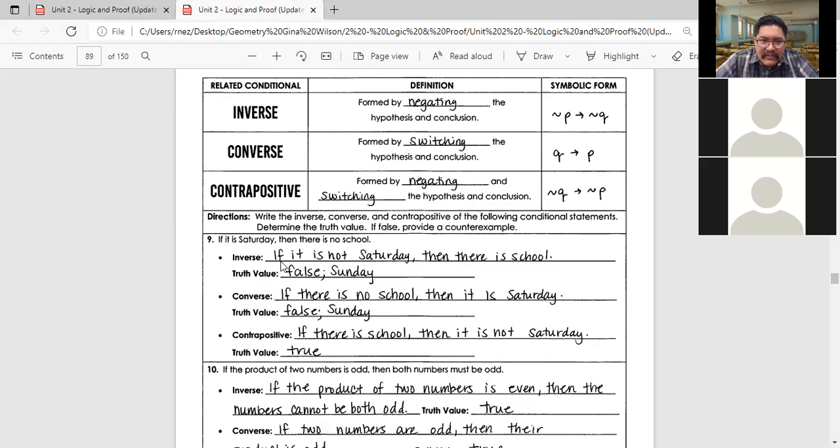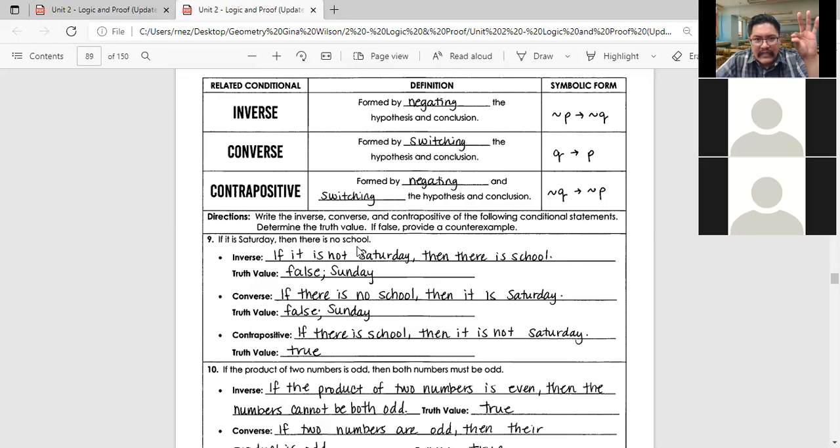So the inverse, that would mean negating it, putting the word not in there. So: if it is not Saturday, then there is school. They had the word no in there, so be careful with that. Pay attention to this one, because they have a no in there already. They said there is no school.